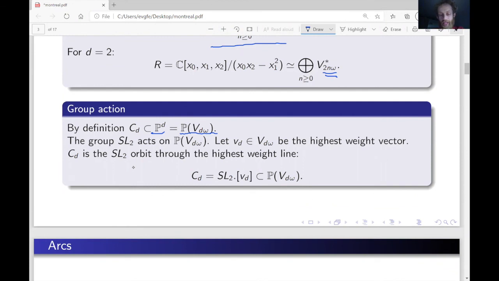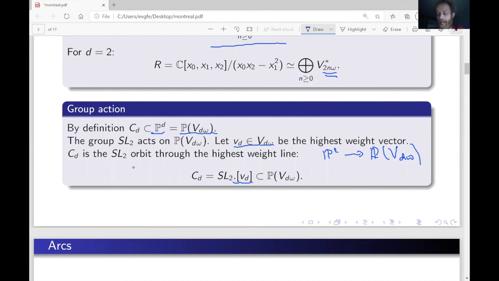And actually we can realize our Veronese curve in a very concrete way. We have a highest state vector here, and we can consider the line corresponding to this highest state vector. So it's given here, and then just take the SL2 orbit inside this projective space. In other words, we have this map from P1 to P of V_{d omega}.